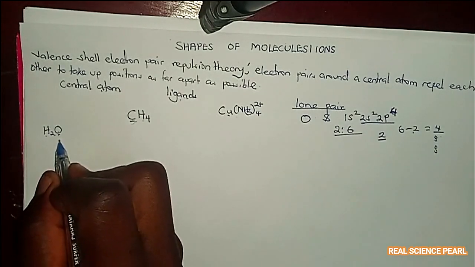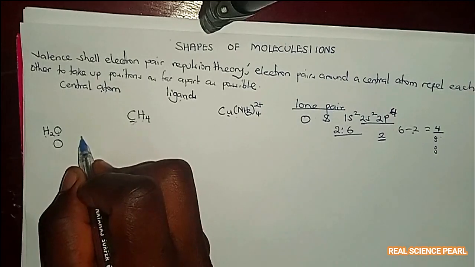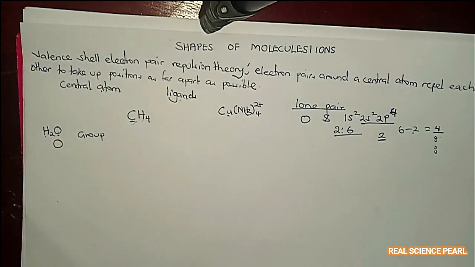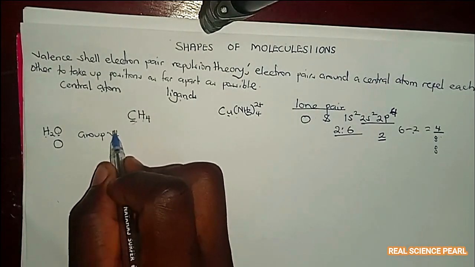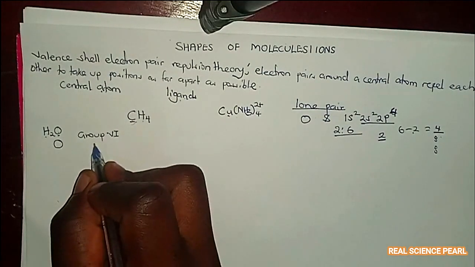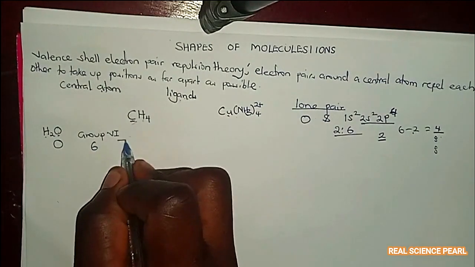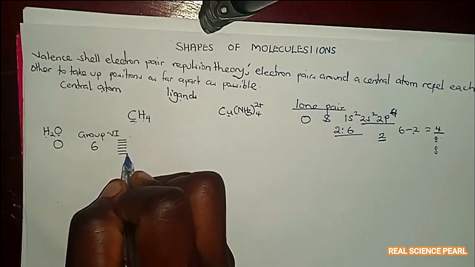Now for oxygen, what you need to do is to investigate the group, which is group 6. If it is group 6, then it has 6 electrons in the outermost shell: 1, 2, 3, 4, 5, and 6.